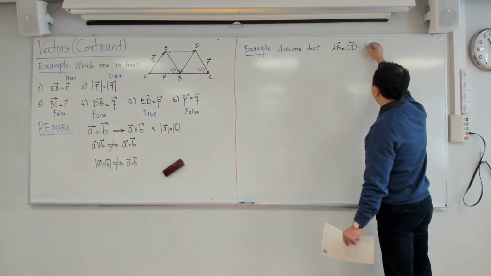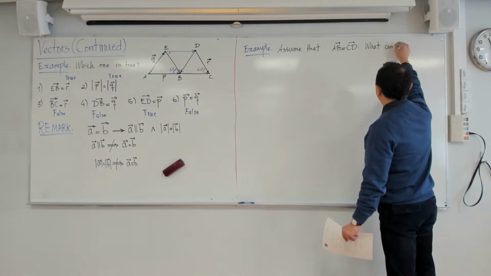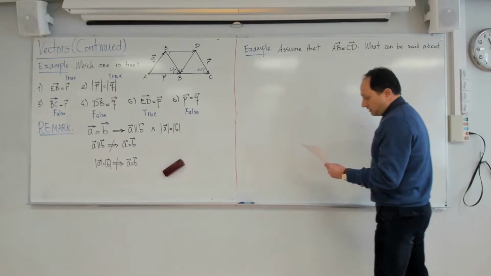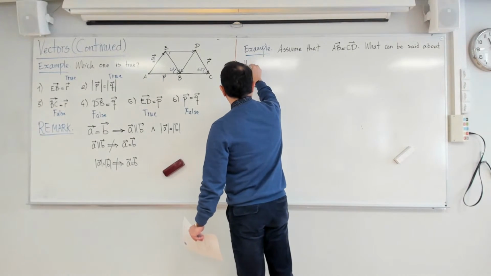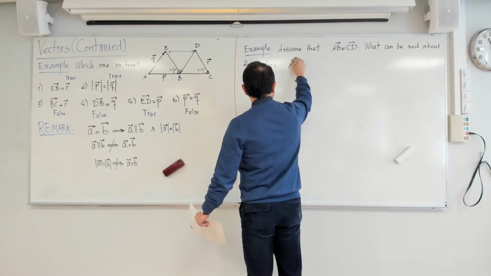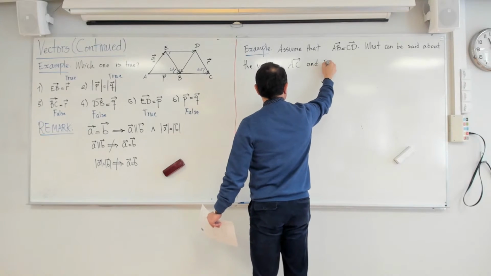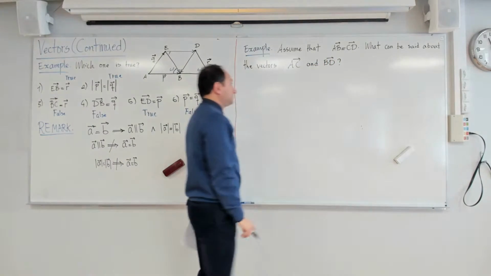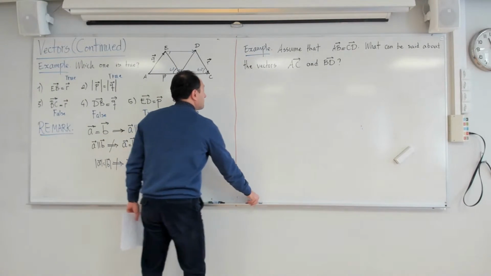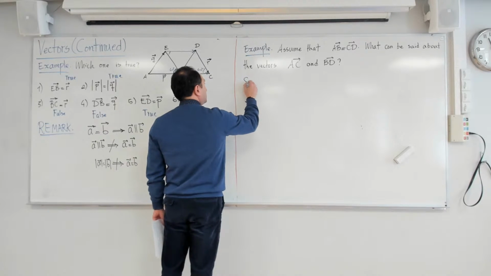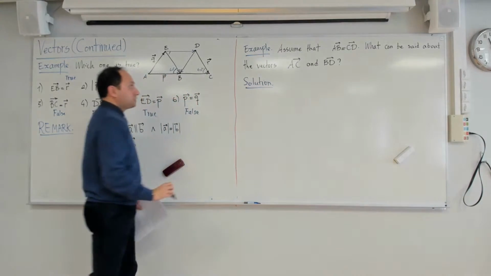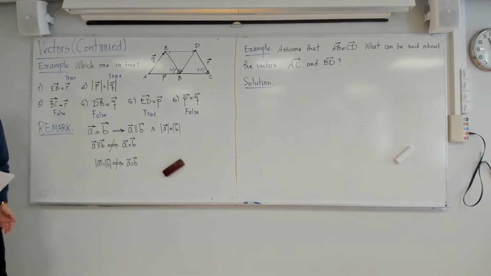What can be said about the vectors AC and BD? Yes? So someone tells us that the two vectors AB and CD are equal.